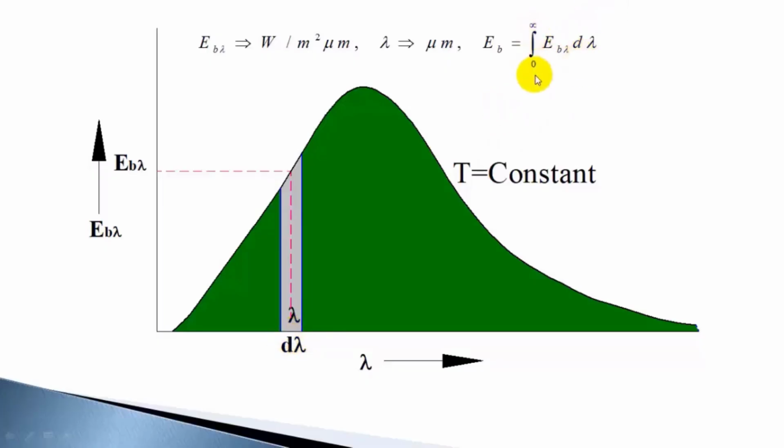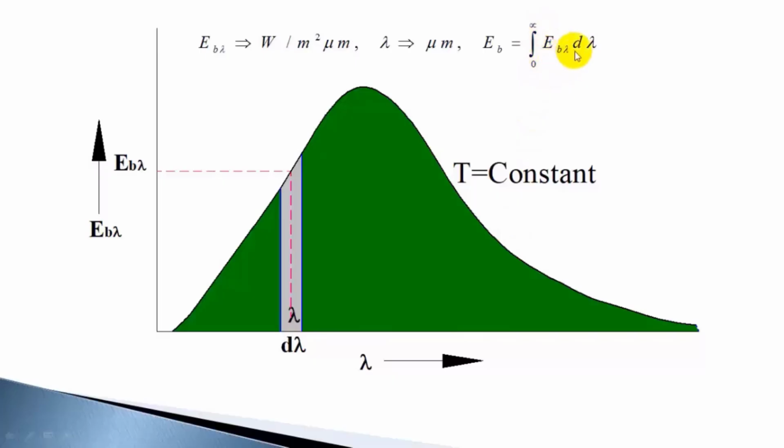Now if you integrate from 0 to infinity, that will give the total emissive power. That is, you are taking all wavelengths changing from 0 to infinity. For that particular temperature, you are taking all the possible wavelengths at which the energy is emitted. So to find the total emissive power, you have to integrate from 0 to infinity.